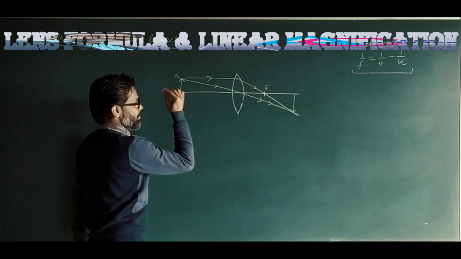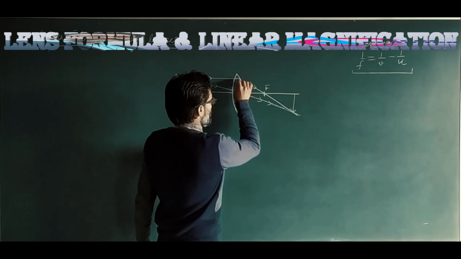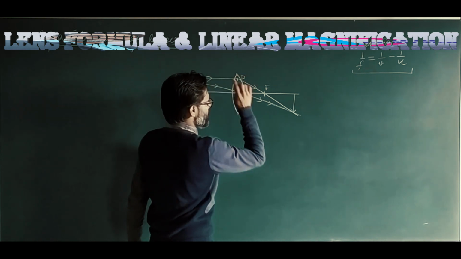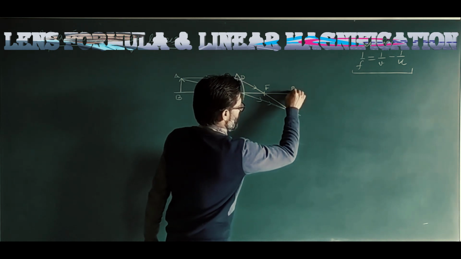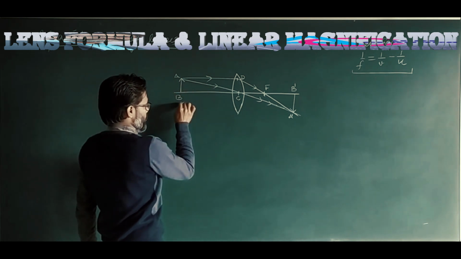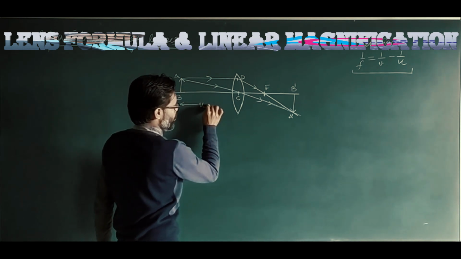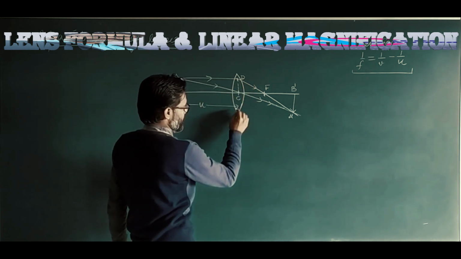Object AB, optical center C, here this one D, A dash B dash. So this distance is U. Let us join CD.